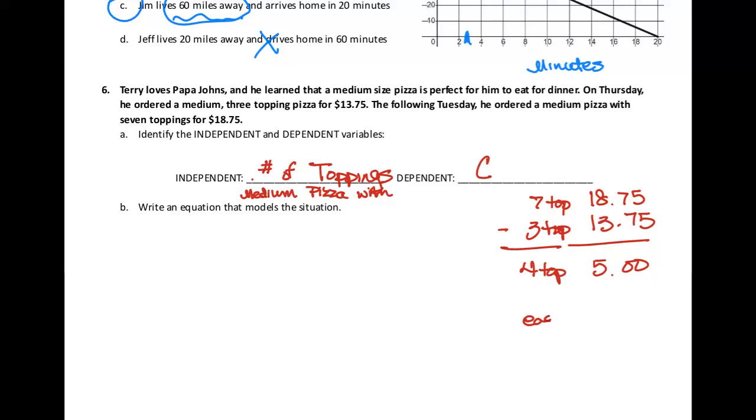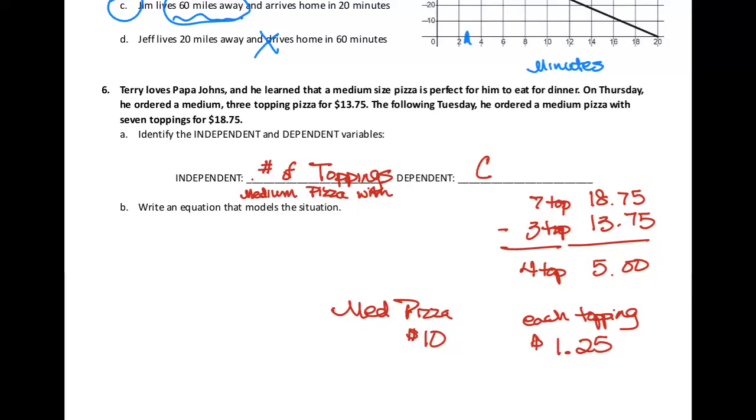So each topping could be how much? $1.25. So that would seem to say that a medium pizza is $10. I don't know. I think that works, doesn't it?